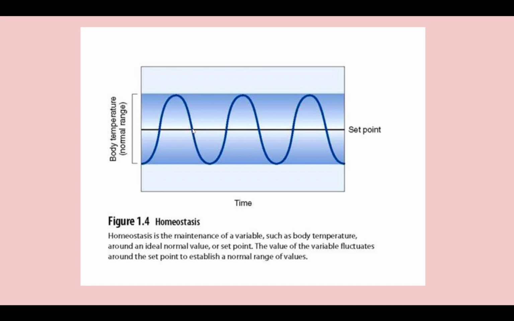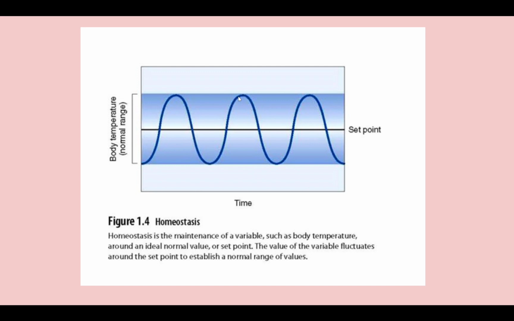So let's say you're very cold, your body needs to generate some heat. So your control center will send a message to your muscles to start shivering, moving uncontrollably. That movement causes heat to happen, and that brings up your body temperature. So that's something your body's doing to make you go back to your set point. If you're really hot, your body temperature is rising, you will sweat.